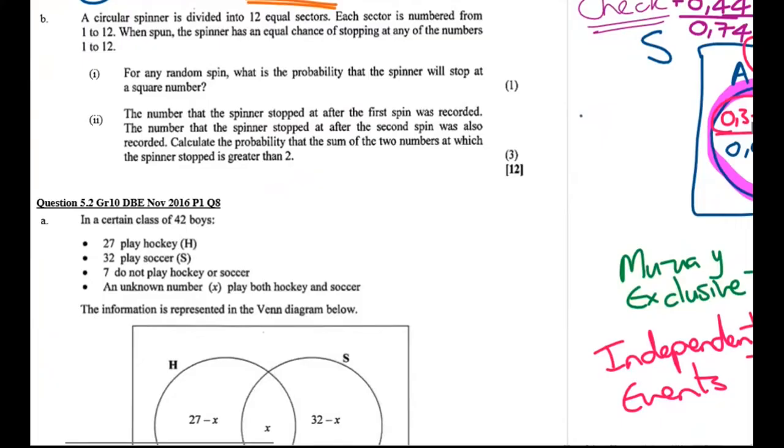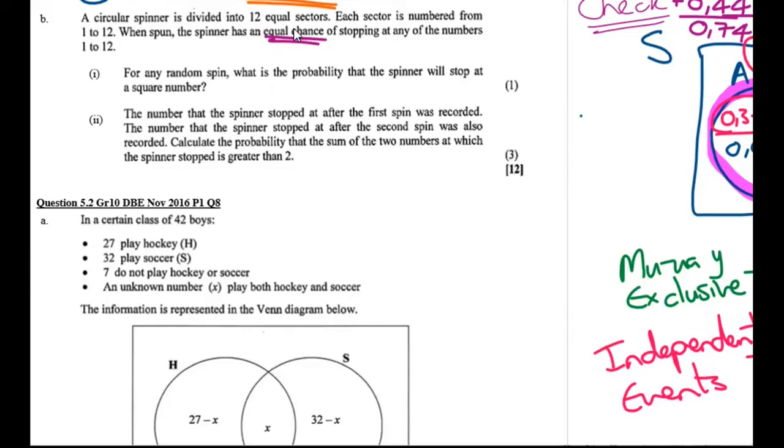It means that none of the sectors are weighted. So the probability of it landing on 1 is the same as the probability of it landing on 2, 3, 4, all the way to 12. Awesome, great, thank you. And yes, Emma, I see you said 50-50.